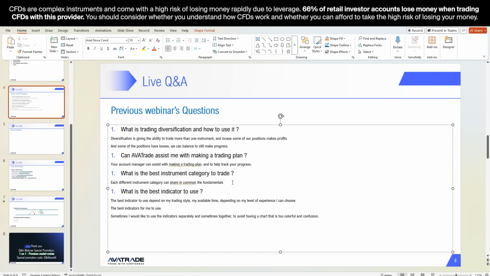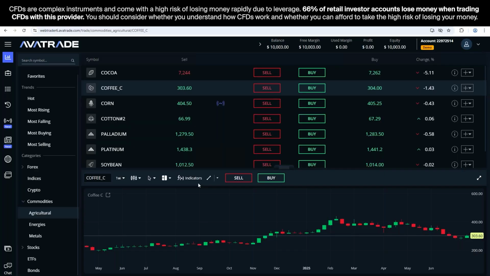It's about you choosing the instrument that fits your needs. So it doesn't matter what I would recommend you to trade. I can recommend you to trade just a random instrument here, and if you do it properly, you'll make profits with it. So I don't have anything specific to recommend.